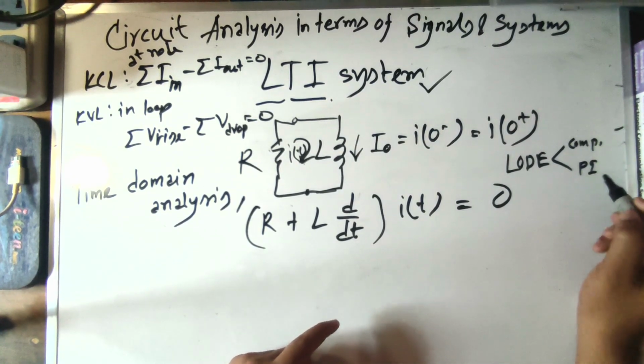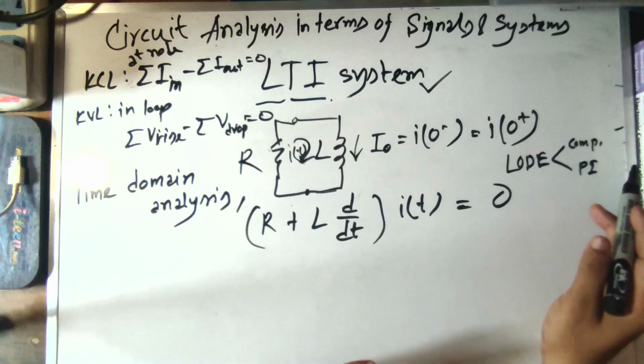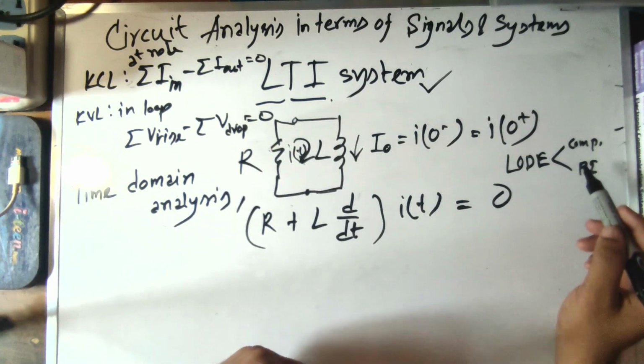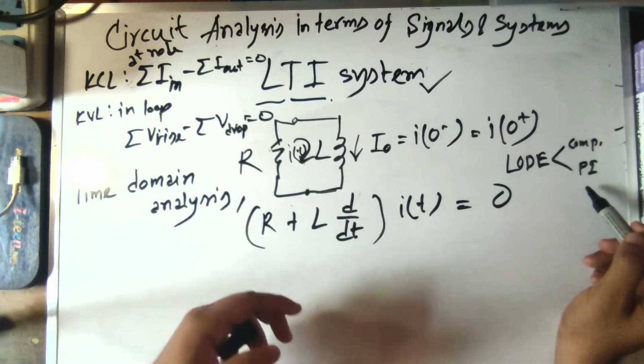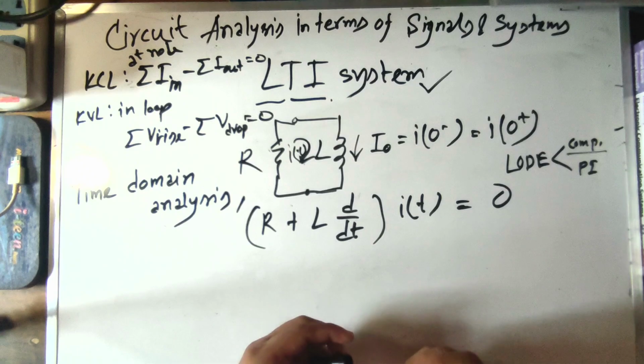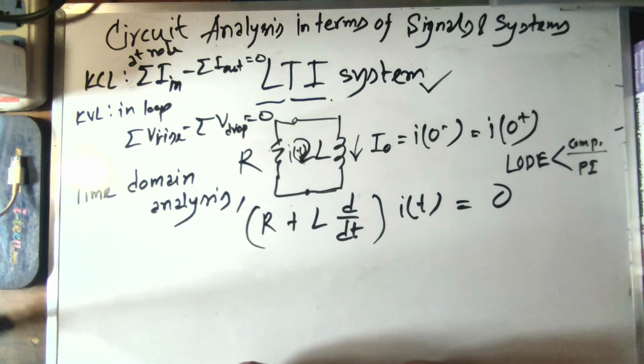In circuit analysis, the complementary part is called the transient response and the particular integral is called the steady state response. So we will first solve the complementary equation.